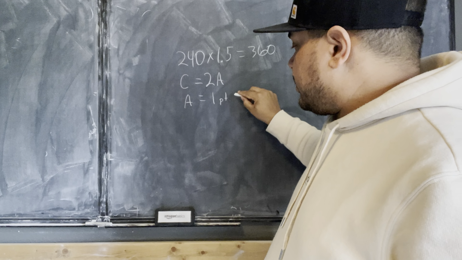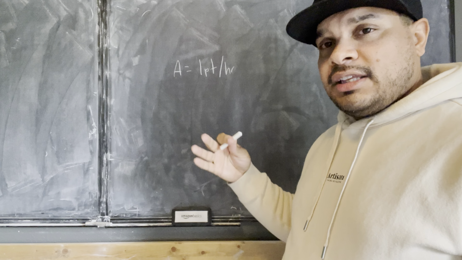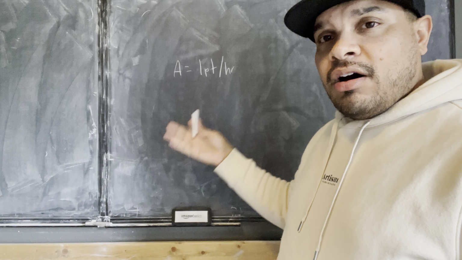That's the recap. Now what we need to figure out is how much we are actually going to charge per point. Well, let's start with the basics here. If your apprentice is able to produce 1 point per hour, then whatever their base hourly rate is, that is the cost of a point.